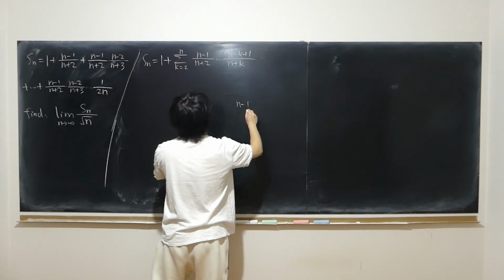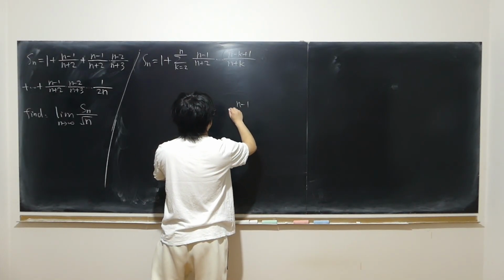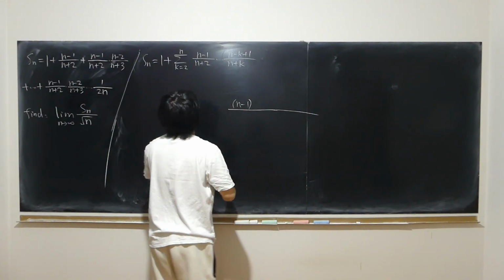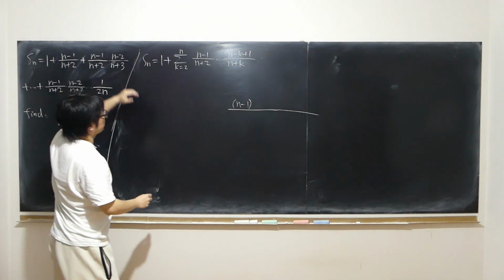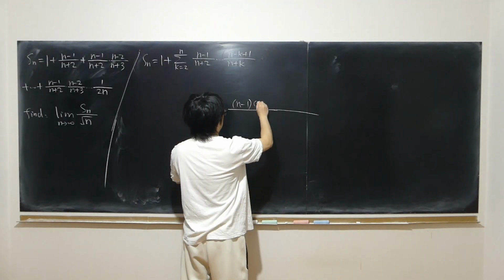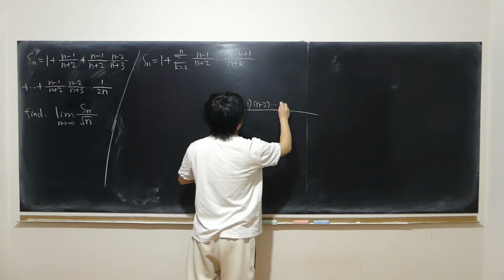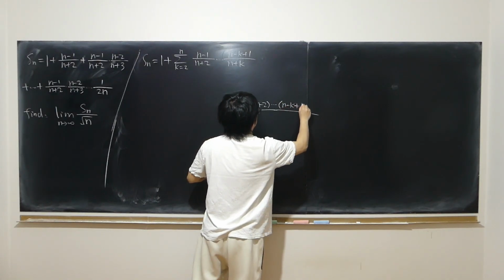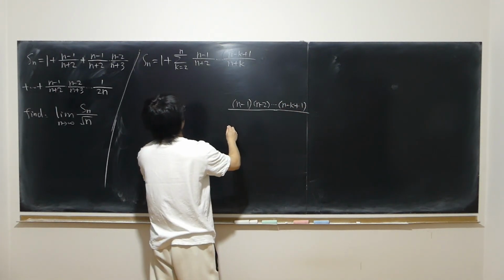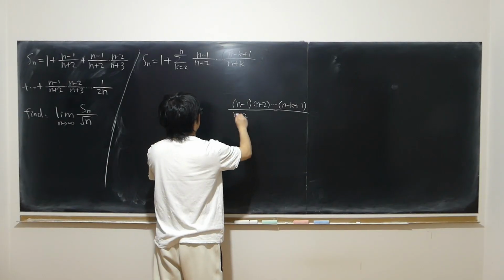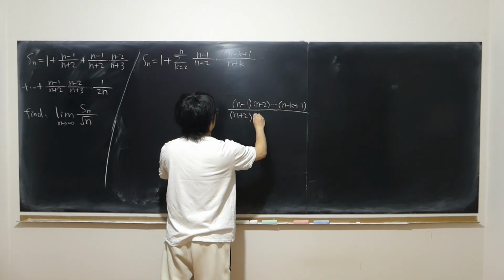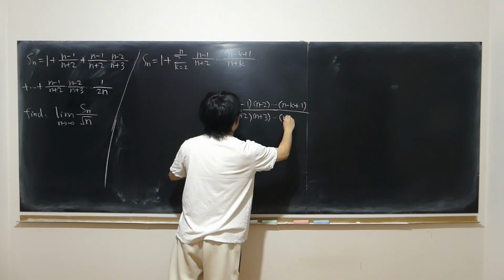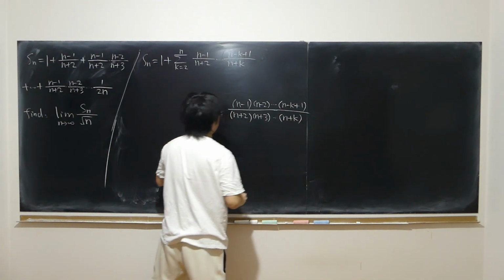So when you have n minus 1, the top keeps reducing. n minus 2 down to n minus k plus 1. The bottom keeps increasing up to n plus k.